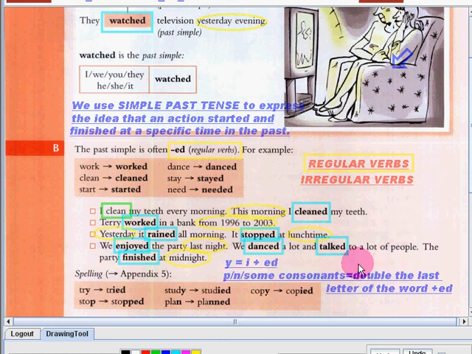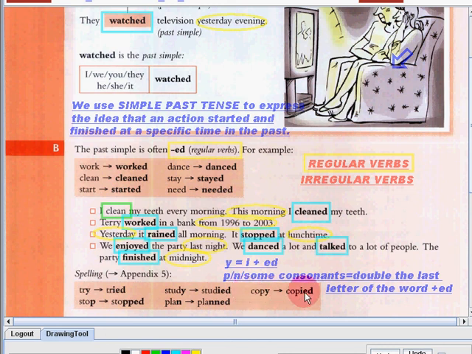Now, we also have some rules on how to change the base form of the verb to simple past tense. So, if we have verbs that end in y, we have to change y into i and add ed. For example, try, tried. Study, studied.